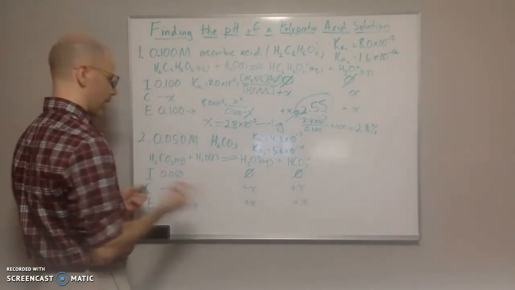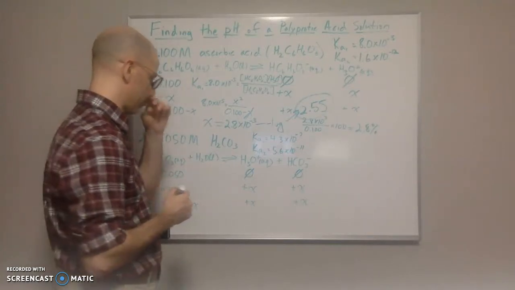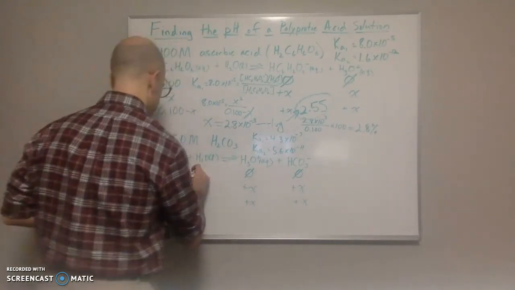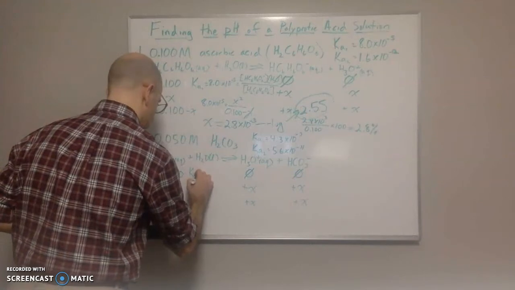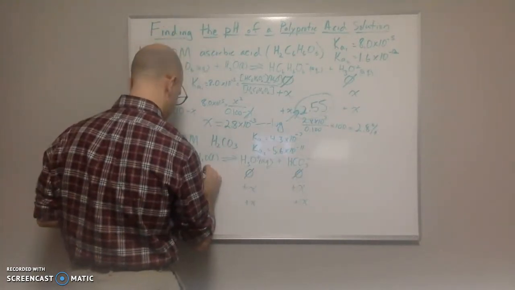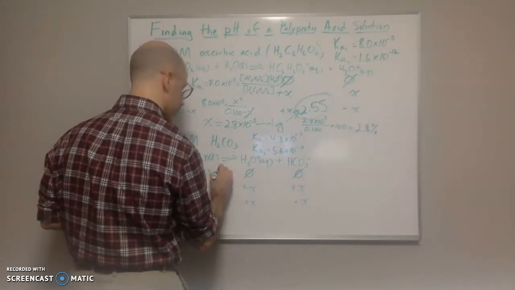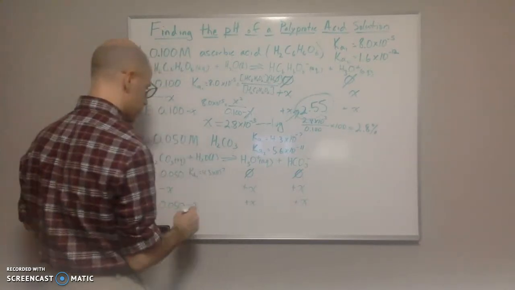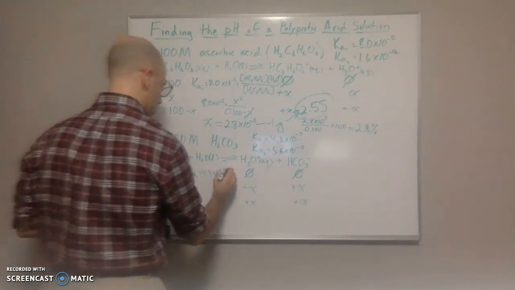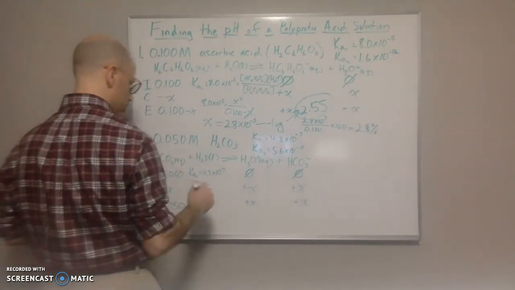And so now we can do our expression of the Ka value. So again, Ka1 is going to be equal to, where's our Ka1? 4.3. So 4.3 times 10 to the negative 7. And that is going to be equal to the concentration of these two over the concentration of this one.